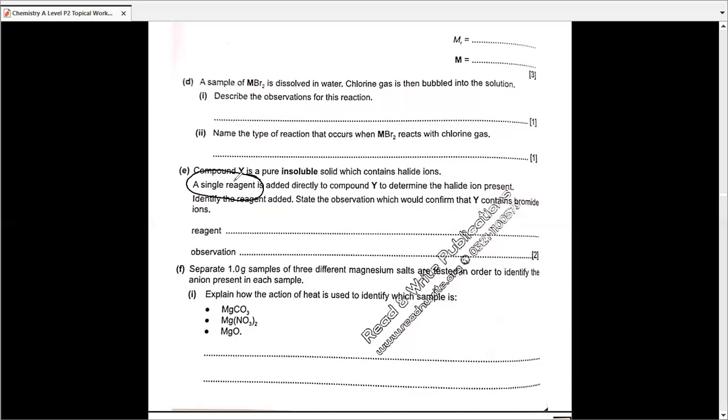Silver nitrate is never used as a single reagent. We always first acidify with nitric acid, and then add silver nitrate. That means we're using two different reagents and not one. That's why we can't use silver nitrate. All right.